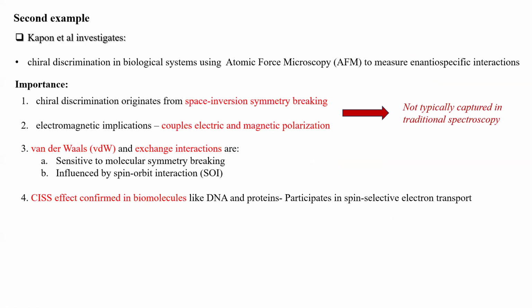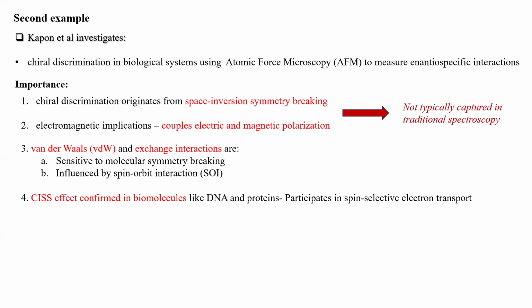investigates chiral discrimination in biosystems using atomic force microscopy to measure enantiospecific interactions. It showed that chiral discrimination originates from space inversion symmetry breaking, which in turn indicates that there are some electromagnetic implications.